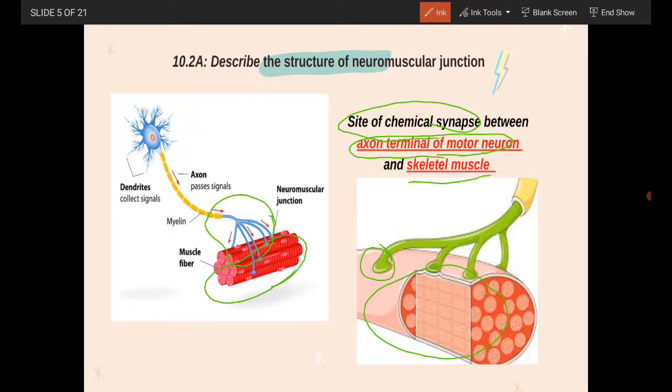Motor neuron is the neuron that passes signal from central nervous system to muscle cell and conducts impulse that causes movement.